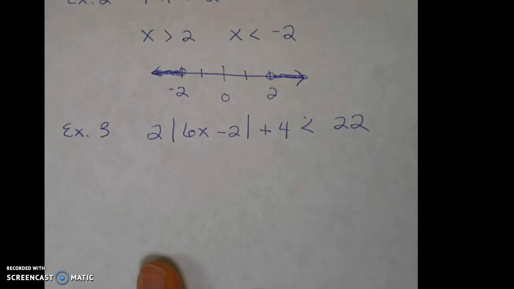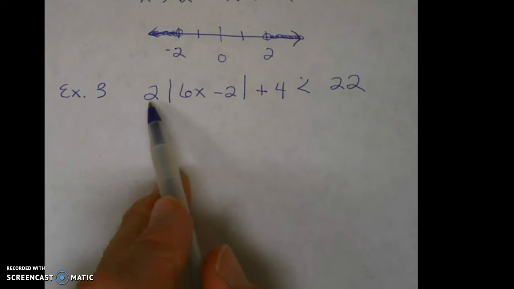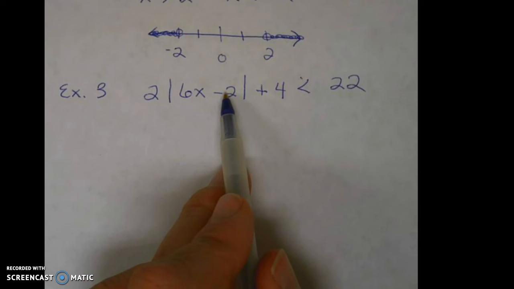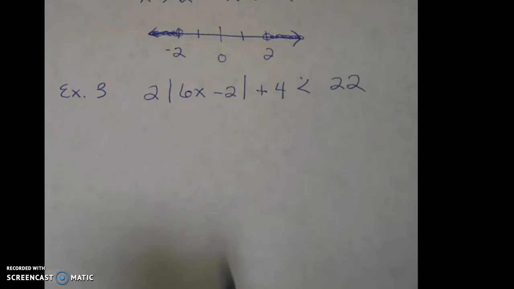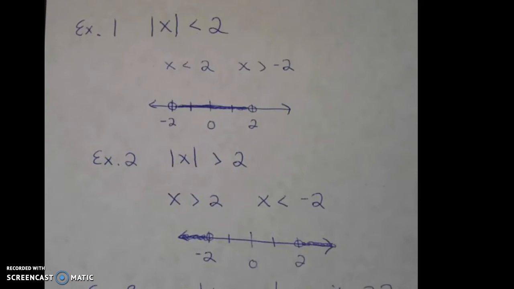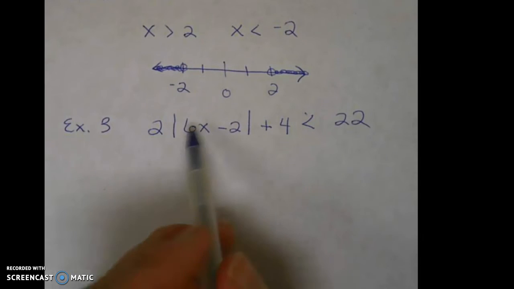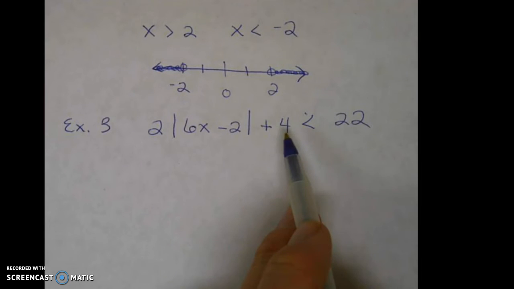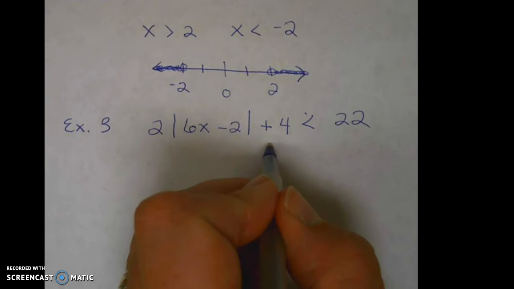Okay, so now that we got the basic concept down, let's take a look at a more complex inequality. So here we have 2 times the absolute value of 6x minus 2, plus 4, is less than 22. Before I can write my two inequalities, I first have to get the absolute value by itself, which means I'm going to have to cancel out the 4 and the 2. So undoing adding and subtracting first.